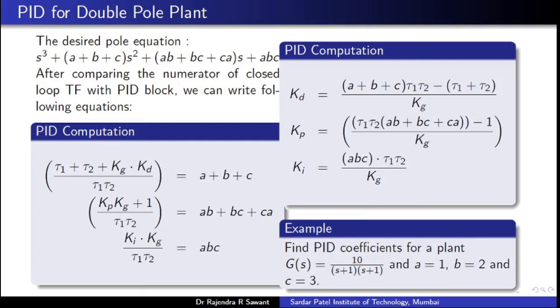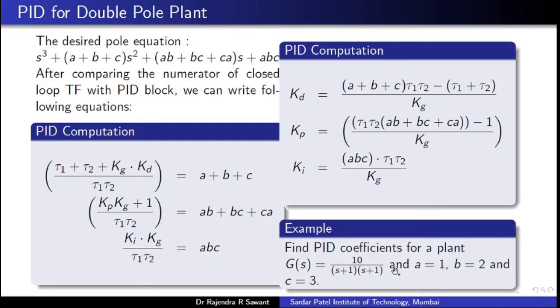So we can also solve one example based on this particular concept. Let us assume that we have a transfer function as 10 upon (S plus 1)(S plus 1), that is 10 upon (S plus 1) square, and our desired pole locations of the closed loop transfer function are A equals to 1, B equals to 2, and C equals to 3.